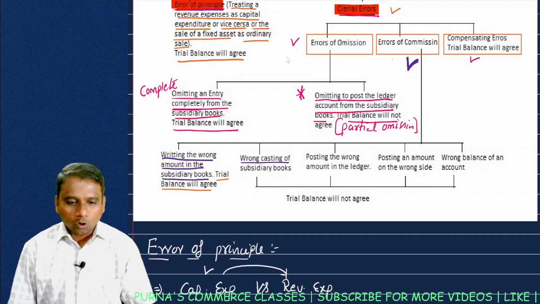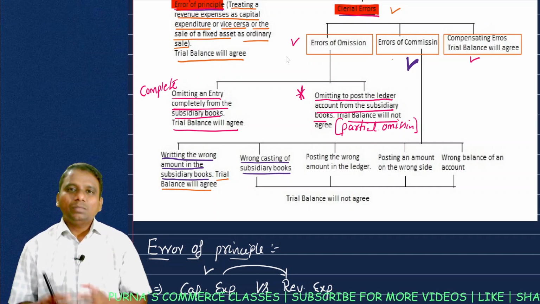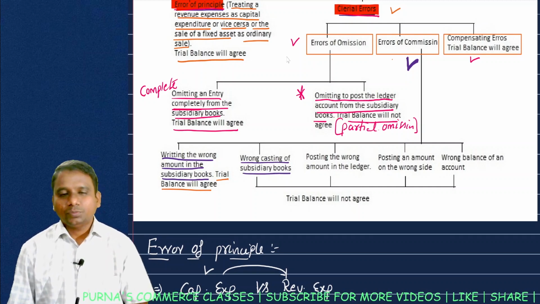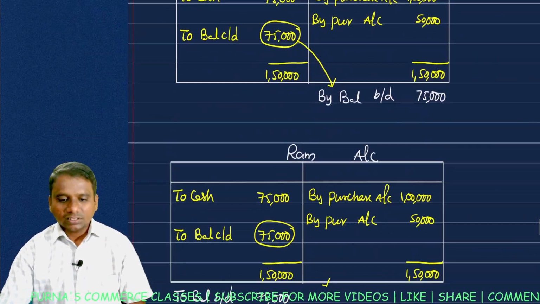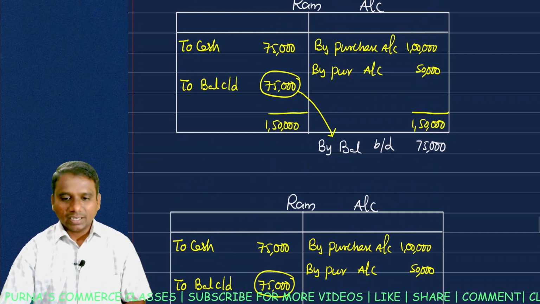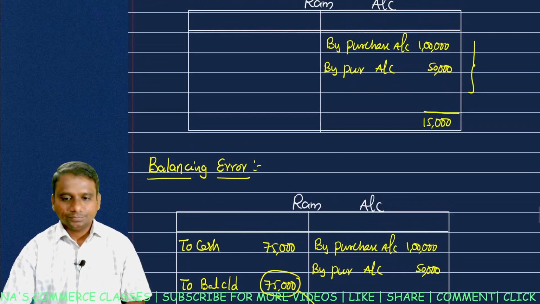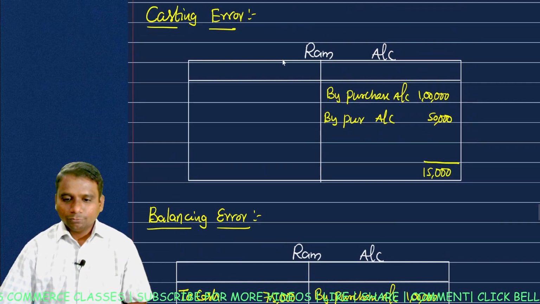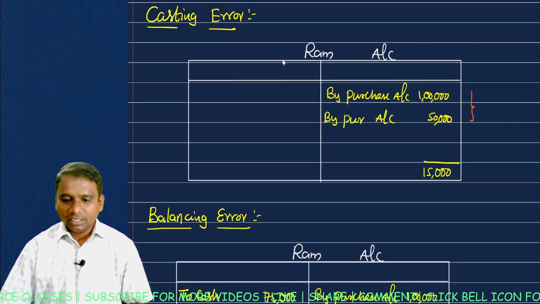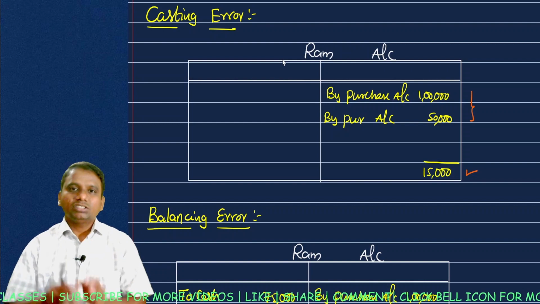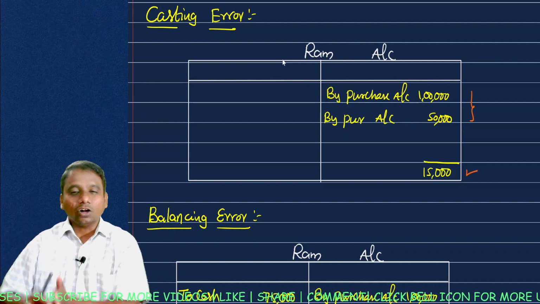Wrong casting of subsidiary books. What is the meaning of wrong casting of subsidiary books? In the previous video we have seen wrong casting of an account. Instead of 1,50,000, how much amount did we calculate? 15,000. So it is wrong casting of a ledger account.